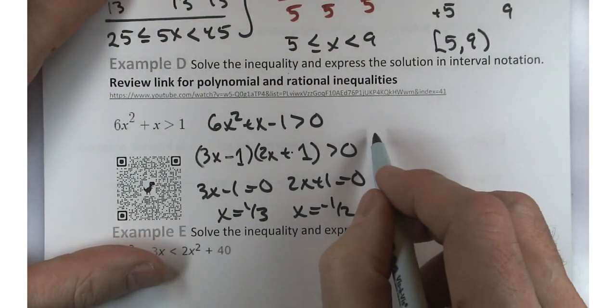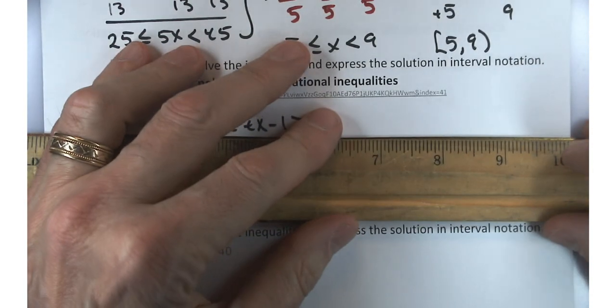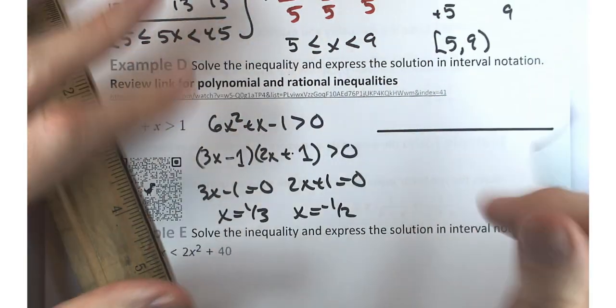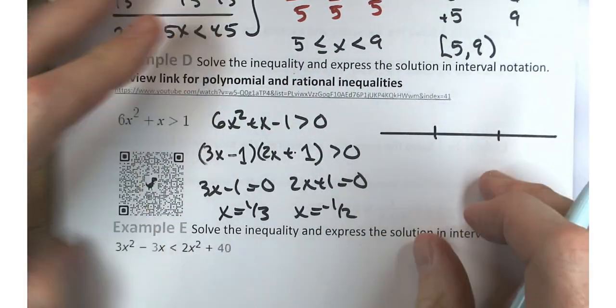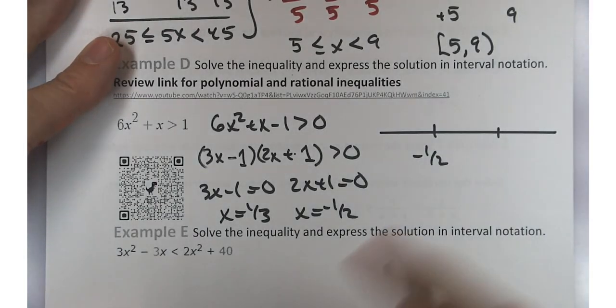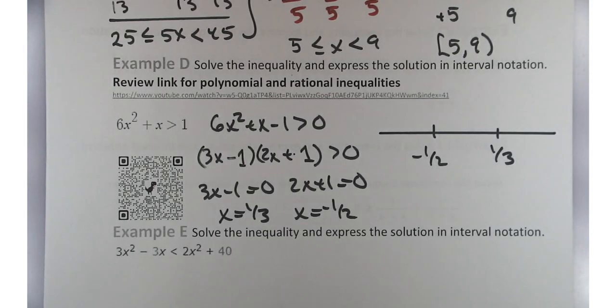And so I'm going to create a number line based on that. So let's put the -1/2 here and the 1/3 here. Now what we saw when we were working with the linear inequalities is that our answer was always an interval.